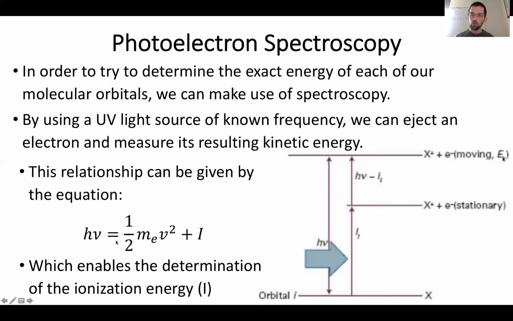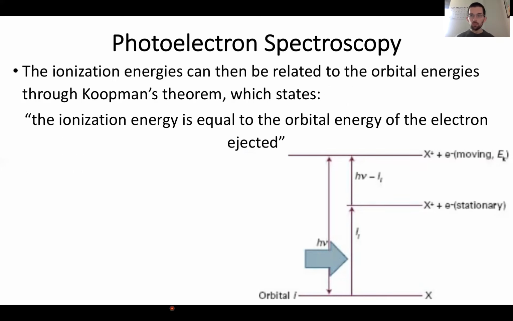So just make note when you're looking at this equation, velocity, frequency, very different. But using this, I want to see if I can figure out how to take that ionization energy and turn it into more detailed information about how tightly bound that electron is to my system, or more specifically, the orbital energy.